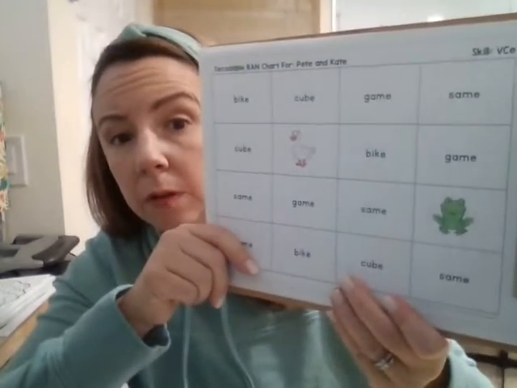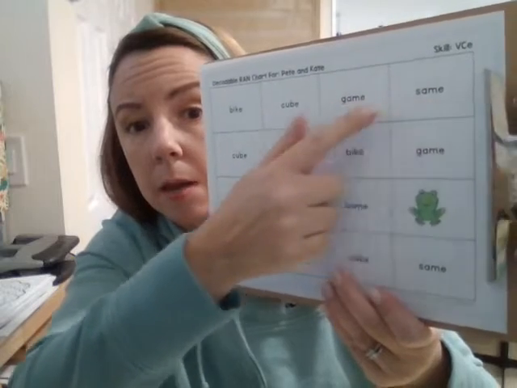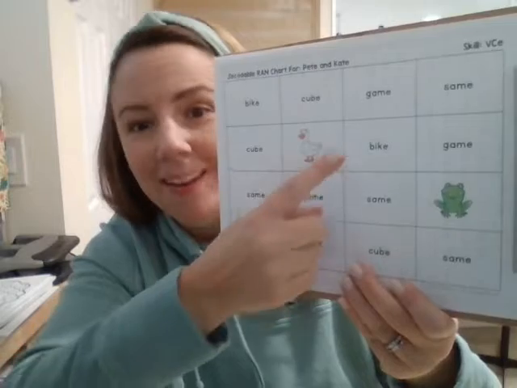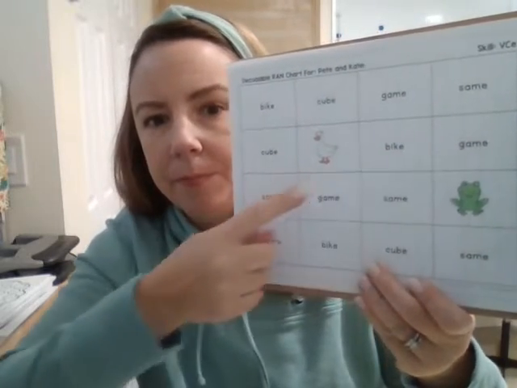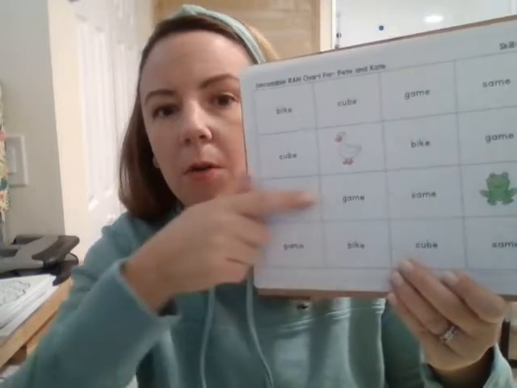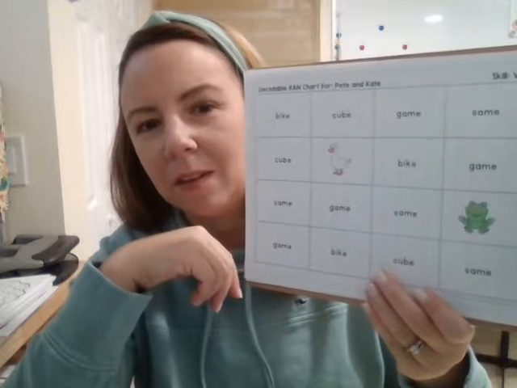So if you notice in the first row, we've got bike, cube, game, same. Cube, duck, we'll get to that in a minute, bike, game. Same, game, same, frog.